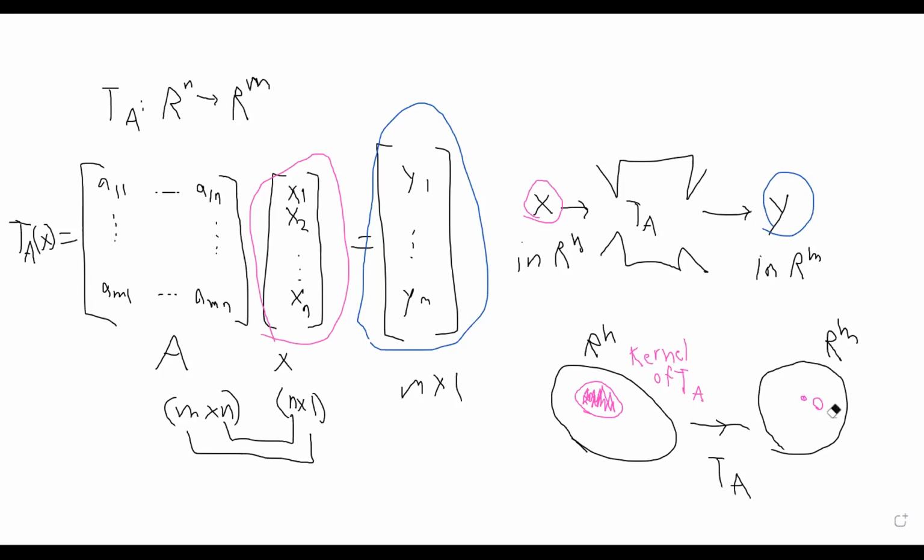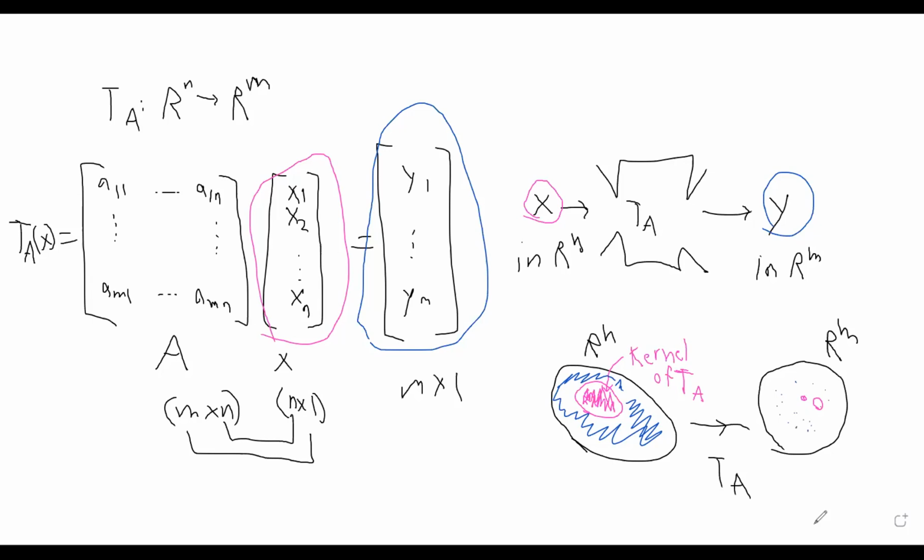That's a set in the domain. It's not a point in the codomain. It's just the points in the region in the domain. And then everything outside of that still gets mapped by T sub A, just to something other than 0. So all these points are still being mapped to something, but they're just points that are not 0.